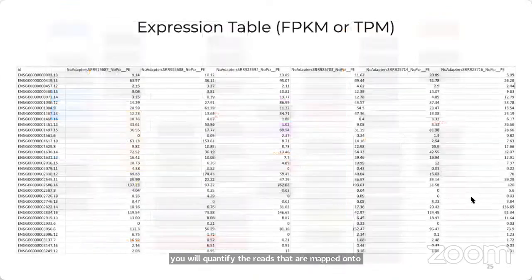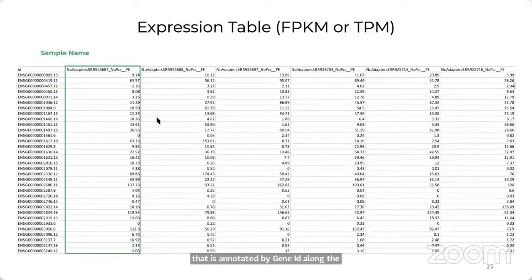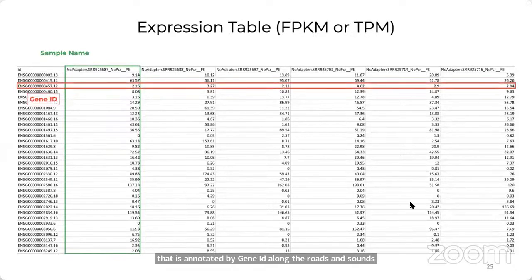This results in a table of continuous numerical data annotated by gene ID along the rows and sample ID along the columns for any given experiment. At their intersection, you get the gene expression level specific to that particular gene ID and sample name.